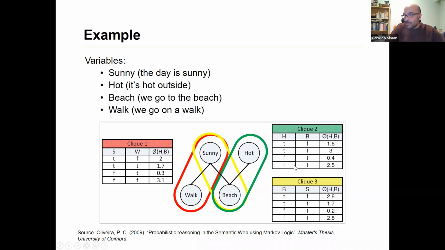So if it's sunny, they want to go to the beach. So let's look at the yellow clique. If it's sunny, it's more likely that I will go to the beach, 1.7, than if it's sunny, not going to the beach, 0.2. So, I won't go into these numbers in much detail because it's a little bit boring, but this is the kind of thing that they are encoding. And we'll see in a minute how we get probabilities from this, which is the main goal.